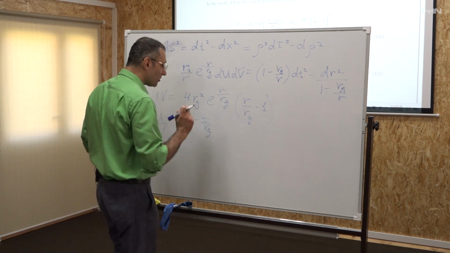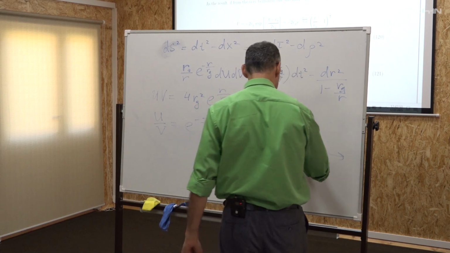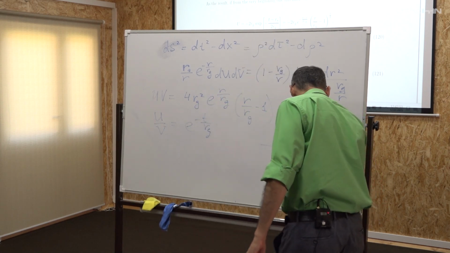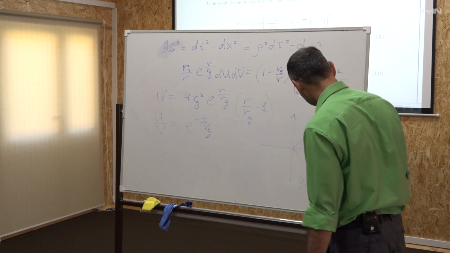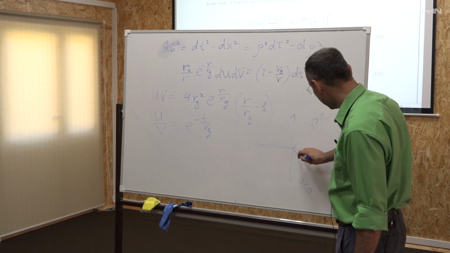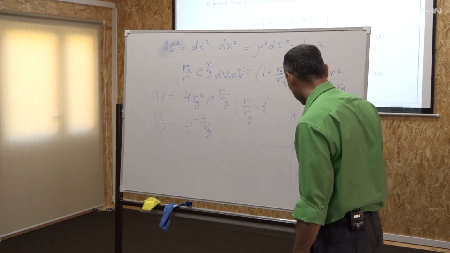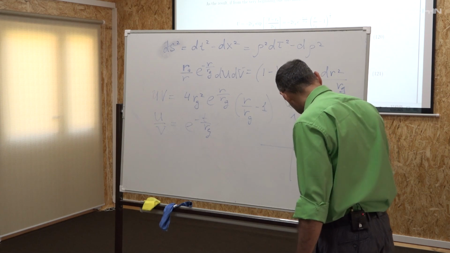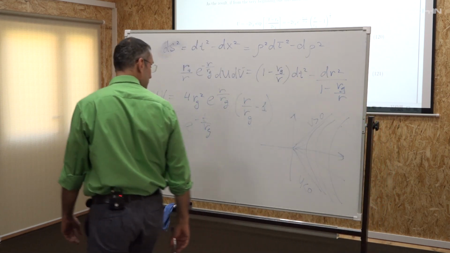So r and t coordinates are applicable only in the region where u is less than 0, v is greater than 0. Constant t lines are straight lines, constant r lines, sorry, are hyperbolas.